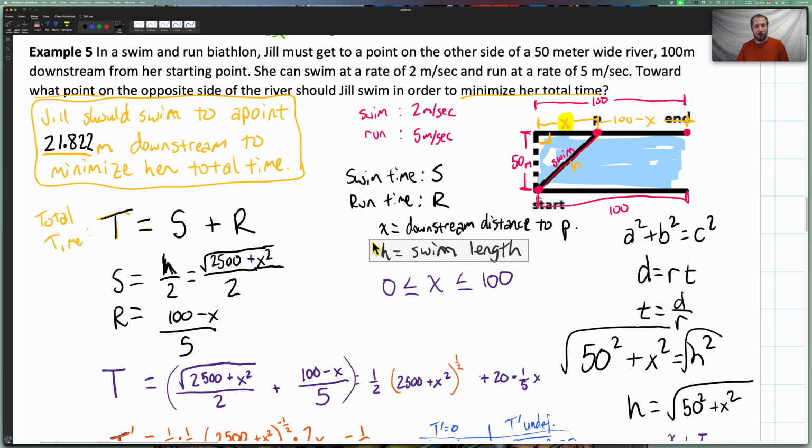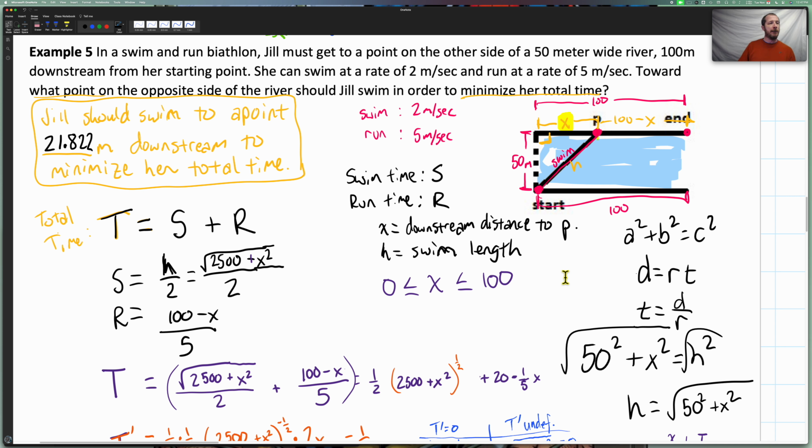I've got that labeled here in my variable descriptions. X is the downstream distance, so whatever's left from that 100 meters, so 100 minus X, is how far she's going to have to run. So we're going to have multiple secondary equations on this one. Let's see what else we need to do.